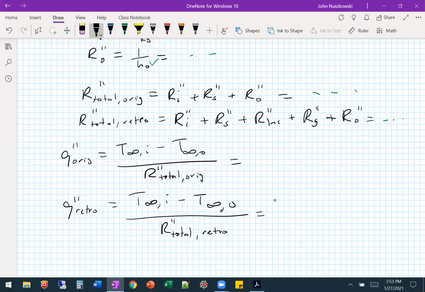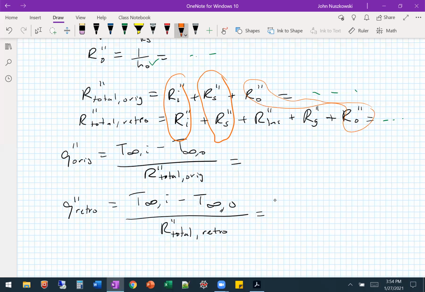Which one do we think is going to have a lower heat flux, the original or retro, and why? The retro, because it has a higher resistance. Yeah, so anytime you're adding additional resistances, you're going to lower your heat flux. Because they both have this resistor, the sheathing, and they have this.